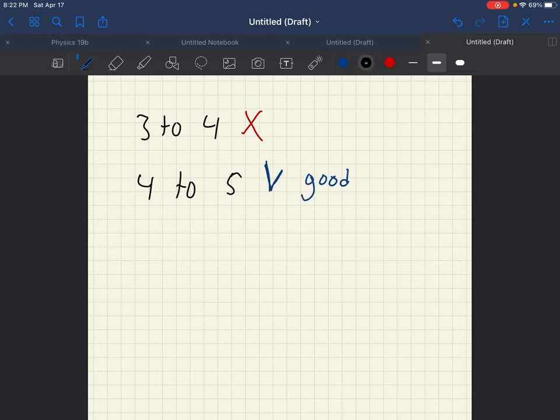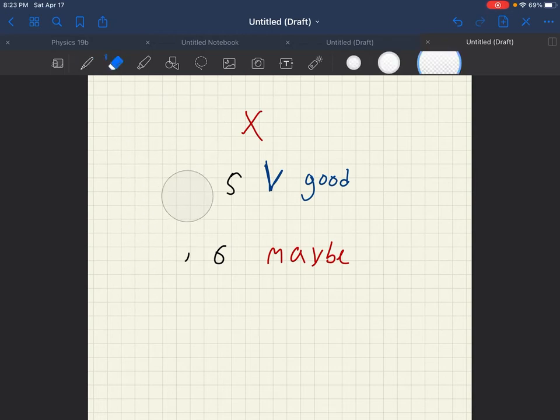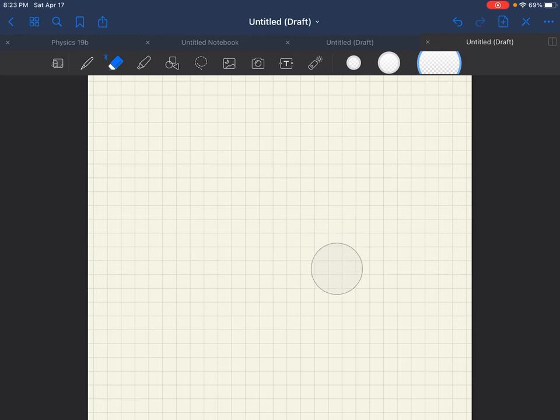And then 5 to 6, that's a maybe. There's no real stability improvement from a 5 to a 6. So it can happen, but it's not a necessity because there's no real carbocation stability improvement from a 5 to a 6. So these are the ring expansions, and we're going to go over some examples.